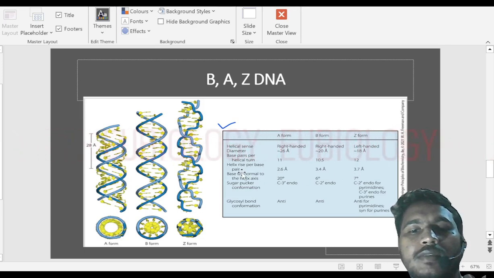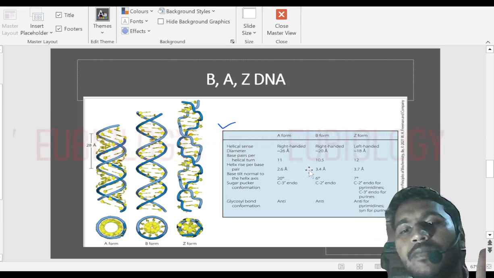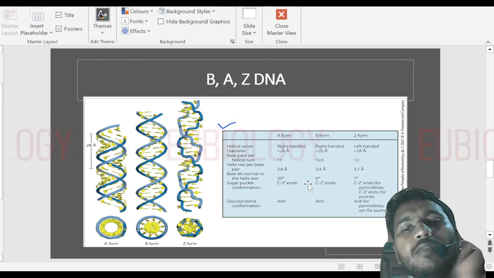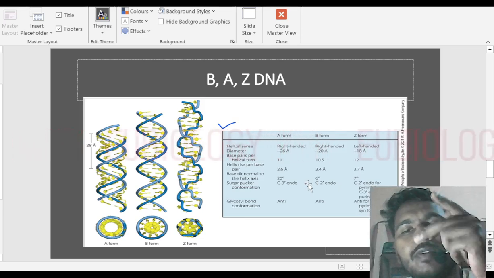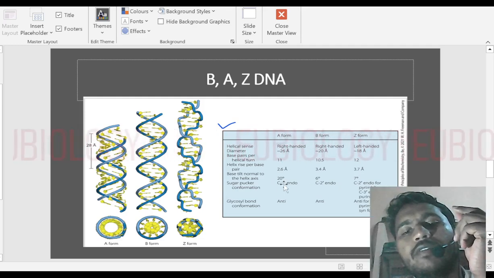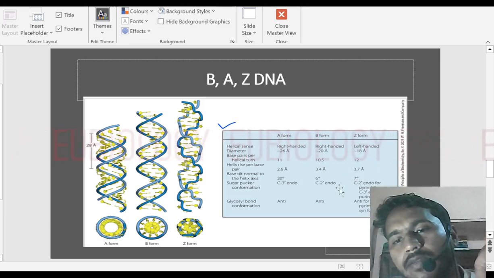The helix rise per base, the distance between two bases, will be 2.6 in A, 3.4 in B, and 3.7 in Z. The helical twist angle will vary: 20 degrees in A, 6 degrees in B, and the Z form has 7 degrees.